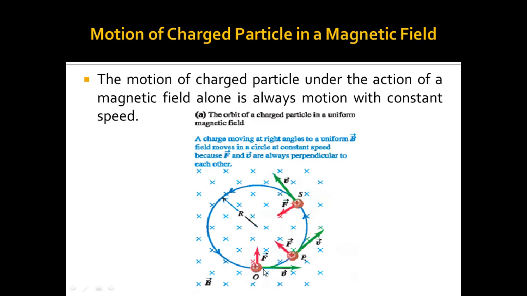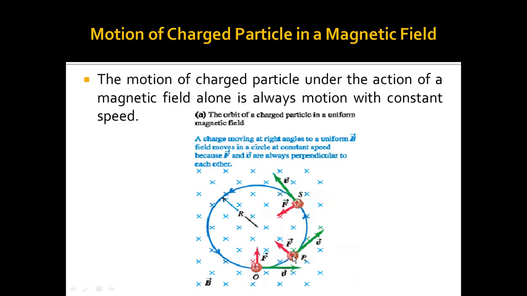That is the same as what is happening here. The effect of the force combined with its original direction of motion causes the charged particle to move in this direction, and eventually it ends up at a later position, probably at this point.